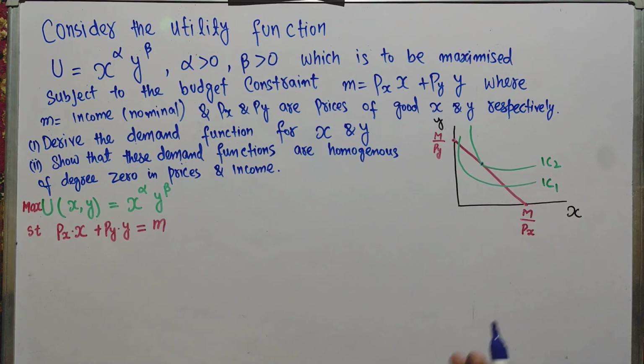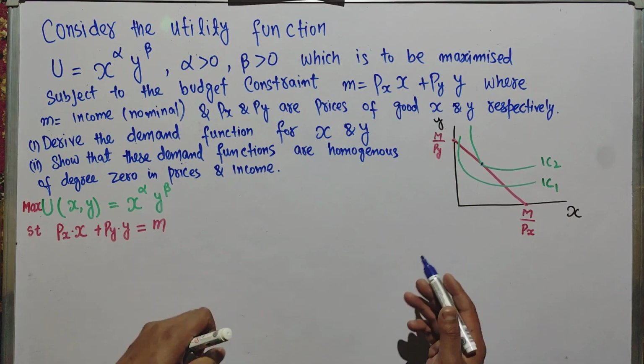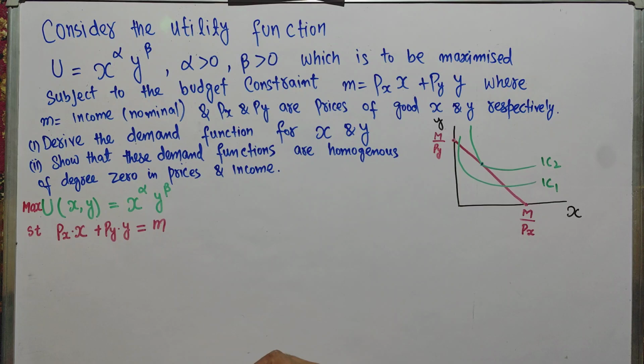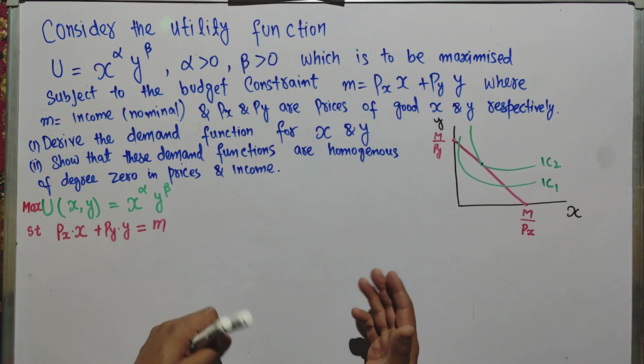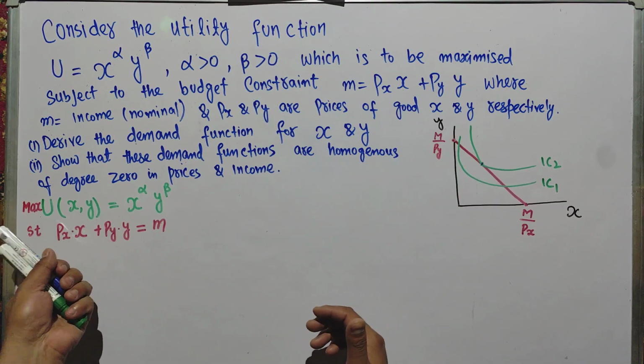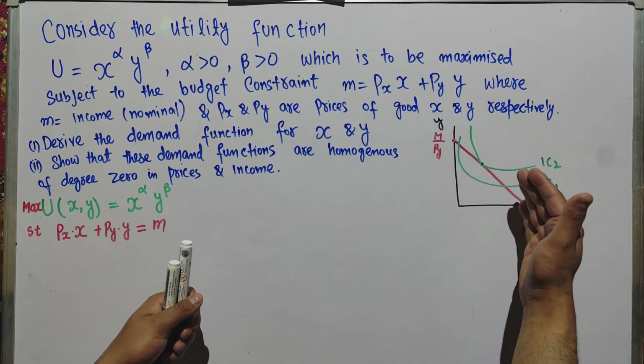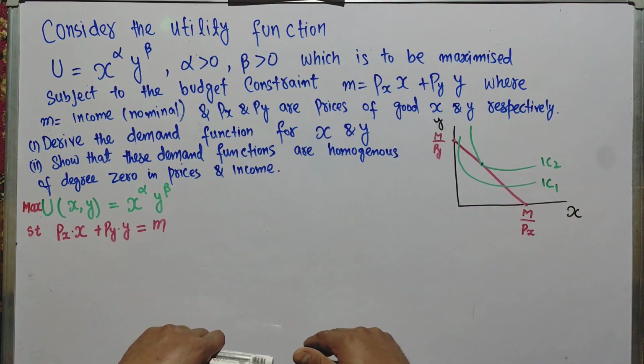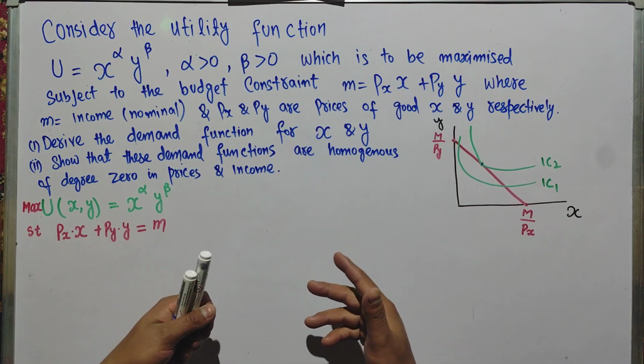Corresponding to this we want to find the demand functions for good x and y. By the way, when we maximize the utility with the given budget, we call this the Marshallian demand function.